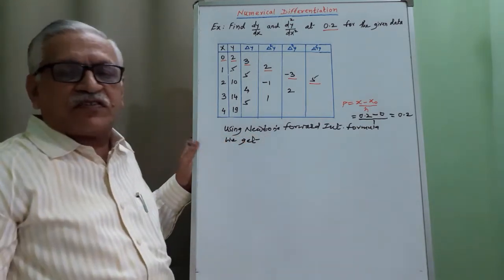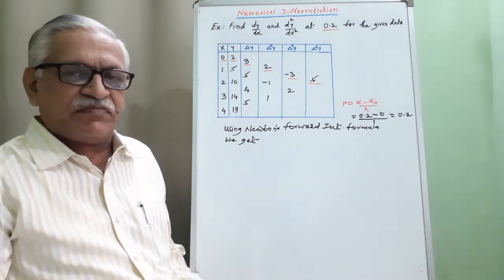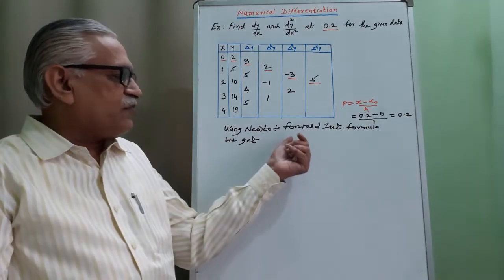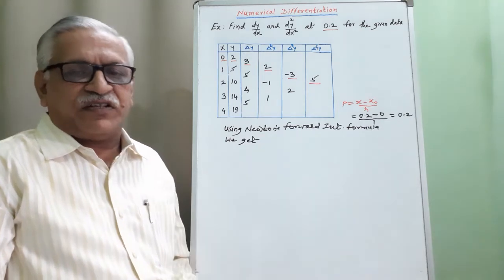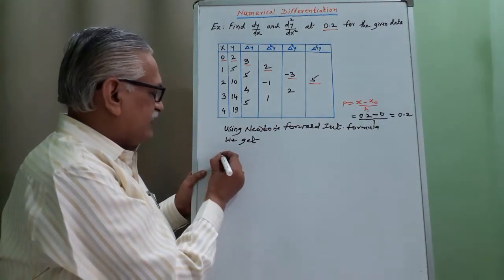I have already discussed that in my previous video. Therefore, using that result directly here, there is no need to write down the formula of Newton's forward interpolation formula and then differentiate it. Therefore, that step I am using here as a standard result.